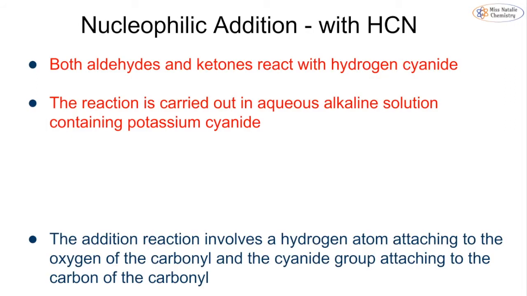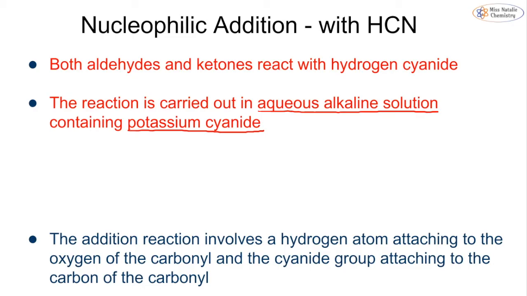Now, the one mechanism that we need to know in this particular topic is the nucleophilic addition reaction of aldehydes and ketones with hydrogen cyanide. This is carried out in aqueous alkaline solution, and it contains potassium cyanide, which acts as a catalyst.